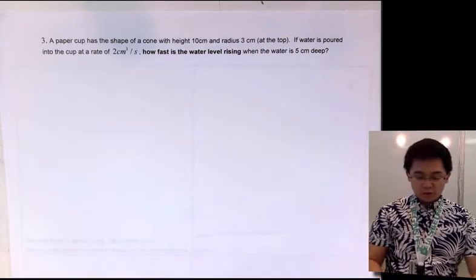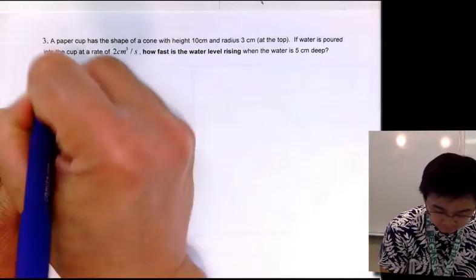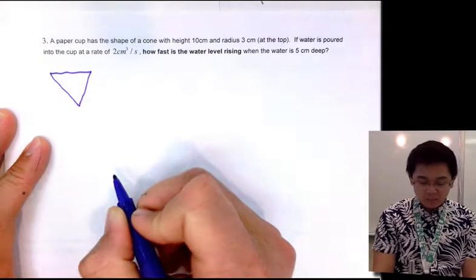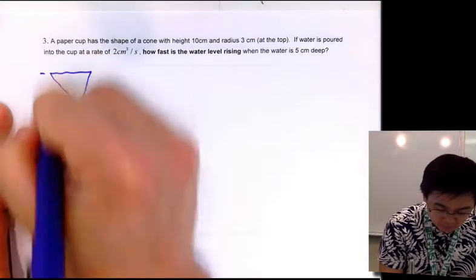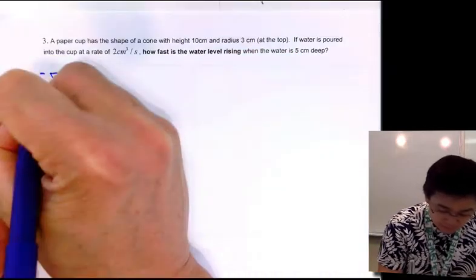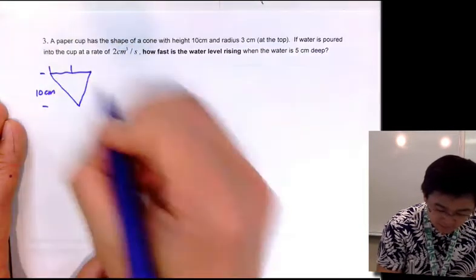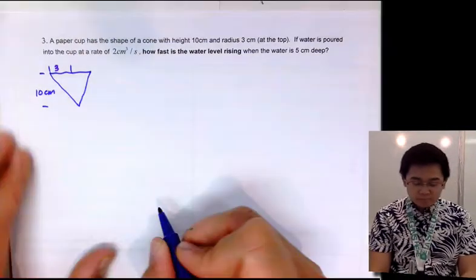So first we're going to draw the cone. This is the paper cup, and the height of the paper cup is 10 centimeters with the radius at the top at 3 centimeters.